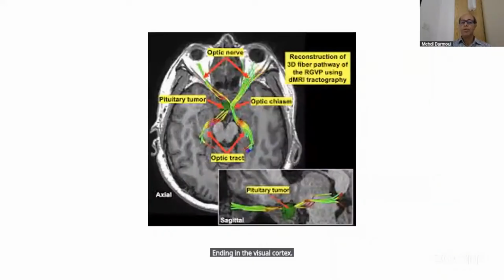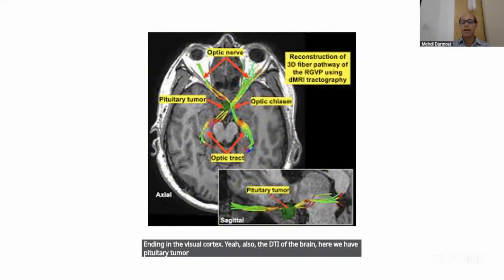Here also the DTI of the brain. Here we have a pituitary tumor which compresses the chiasm, and you see the fiber compressed by this pituitary tumor.